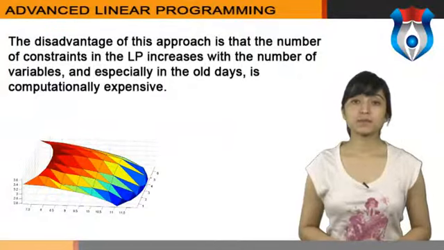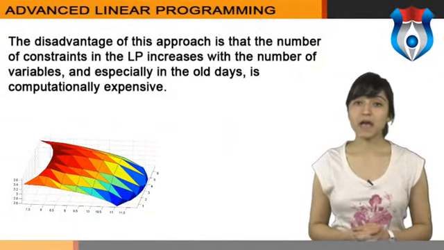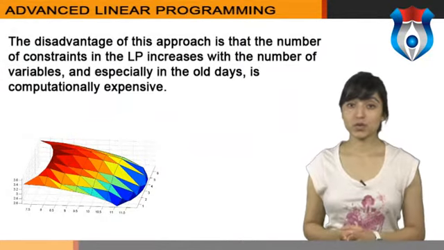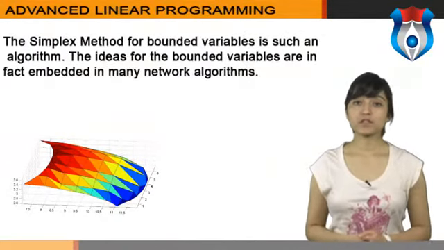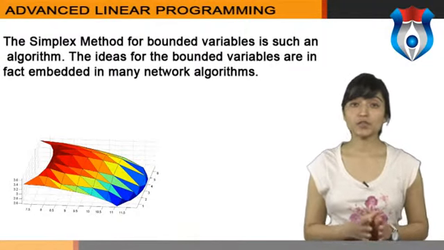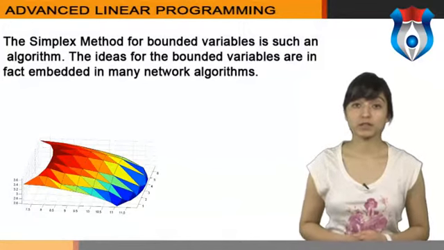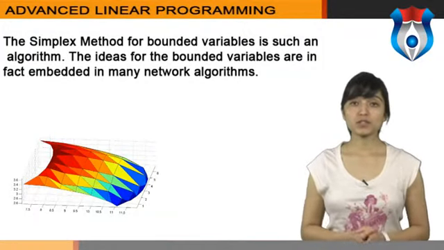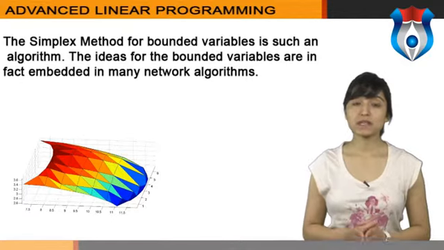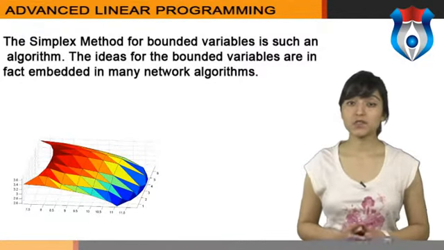Indeed, it is possible to spare the upper bound constraints from the set of functional constraints as for the non-negativity lower bounds. The simplex method for bounded variables is such an algorithm. The ideas for the bounded variables are in fact embedded in many network algorithms.